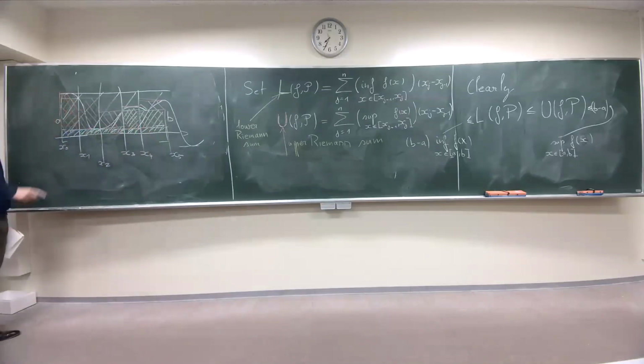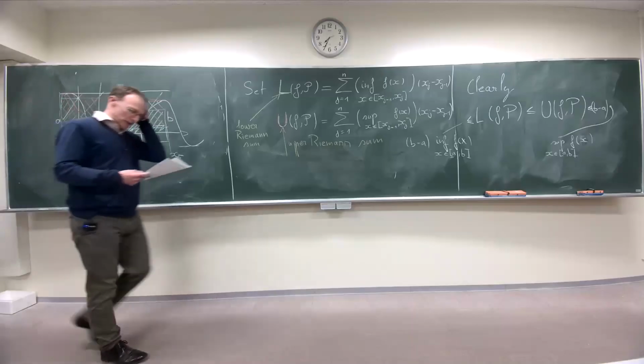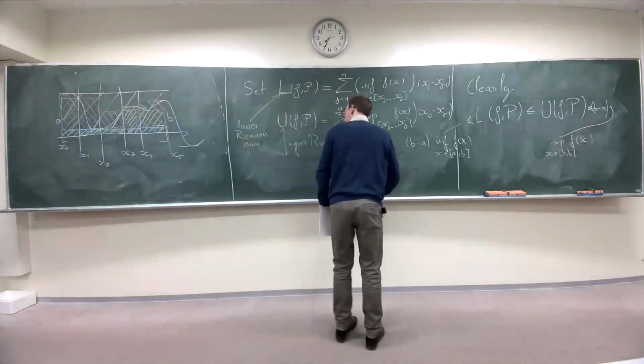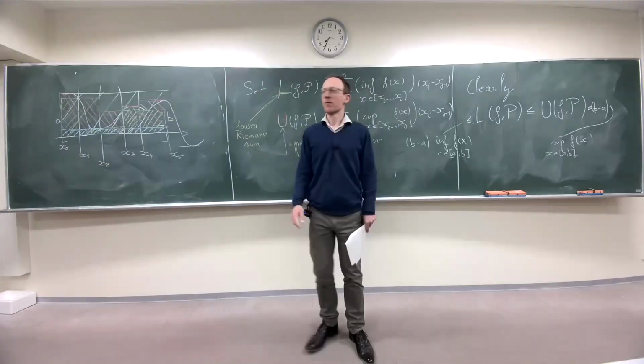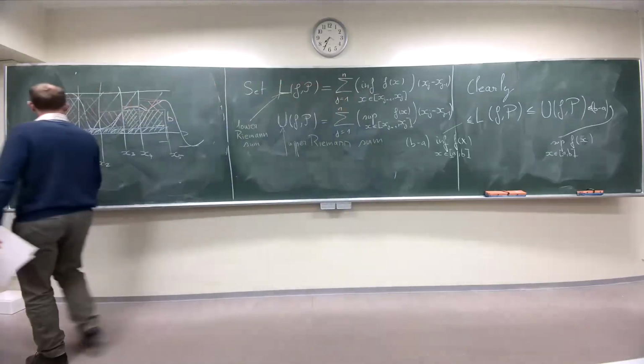And indeed, we have the white one, which is bigger than the red one, which is bigger than the green one, which is bigger than the blue one, right? This is quite clear. And this is well defined because f is bounded. Otherwise, you cannot do it. Any question? Simple.